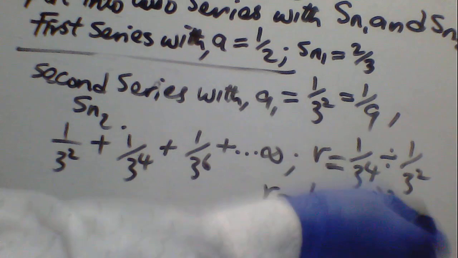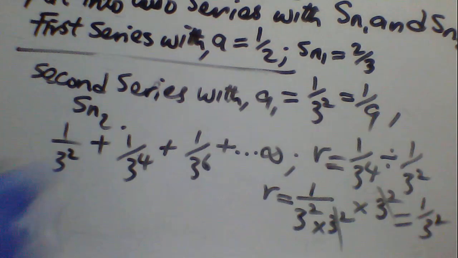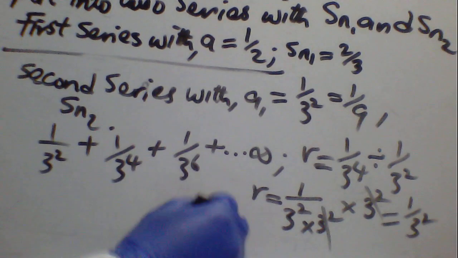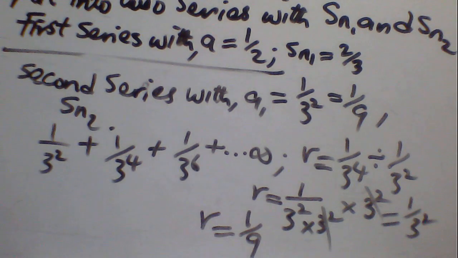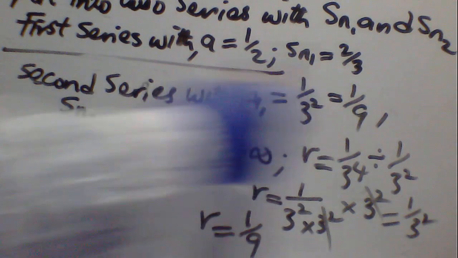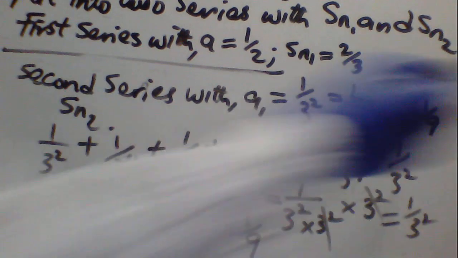So this can cancel, and that gives us 1 over 3 raised to the power 2, which is 1 over 9. So we got R for this series to be 1 over 9.